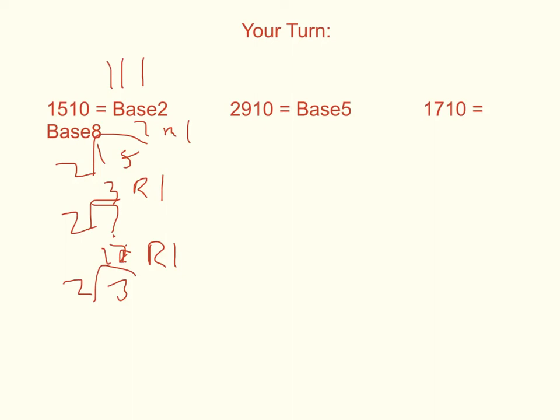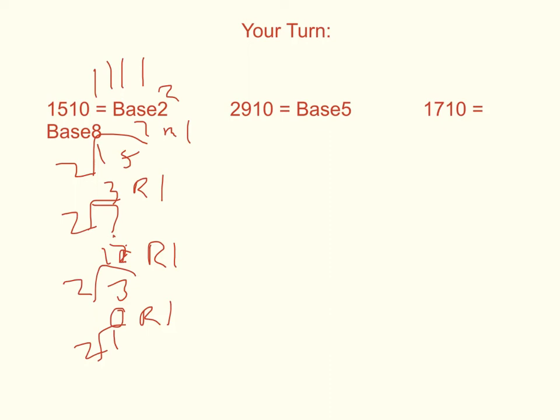There's another 1. 1 divided by 2 is 0 with a remainder of 1. So four 1s is the correct answer for 15 in base 10 going to base 2.